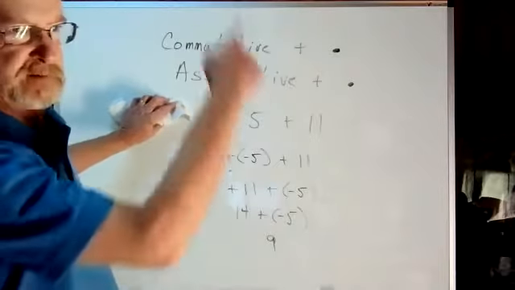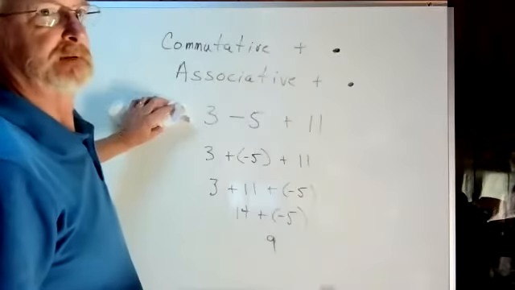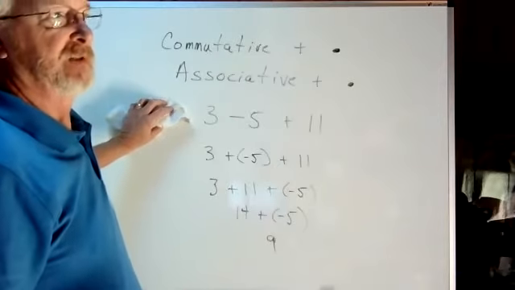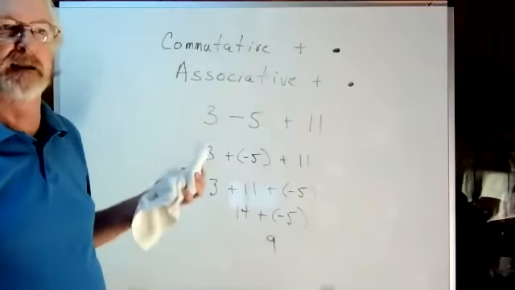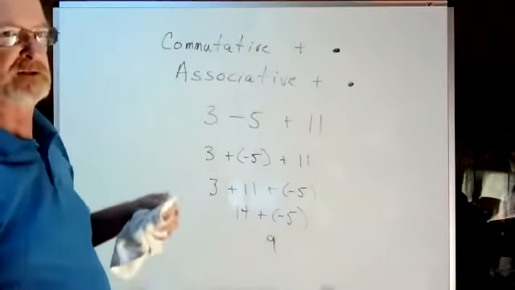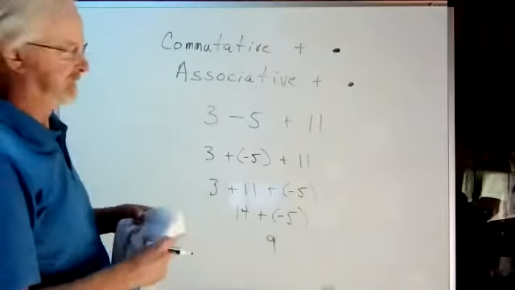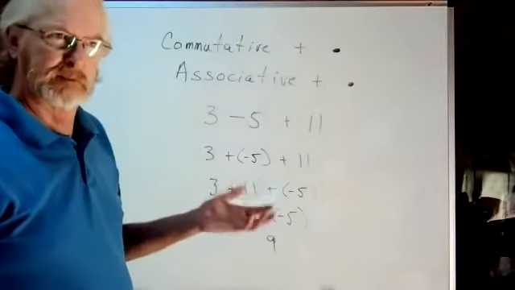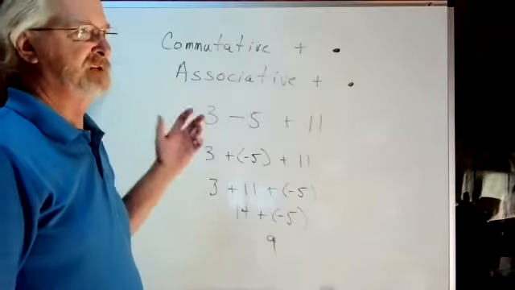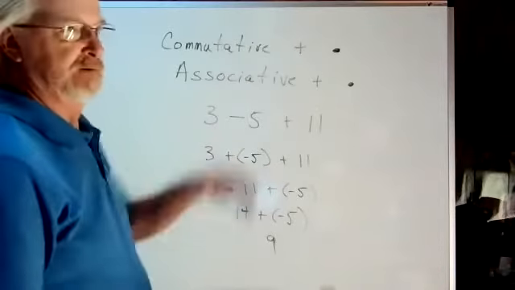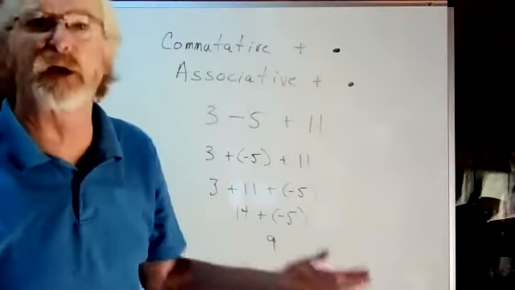So problems might ask you to use the commutative property or the associative property to simplify an expression. They're suggesting you can move things around yourself and then come up with your final answer. Or it's not unusual for a problem to say, which property did I use if I went from this step and then moved the parentheses?